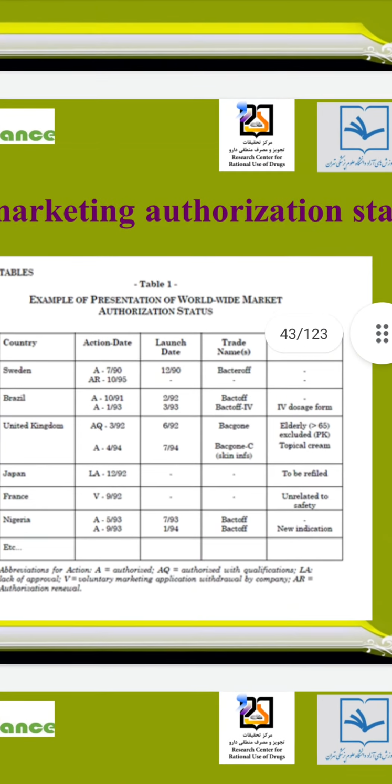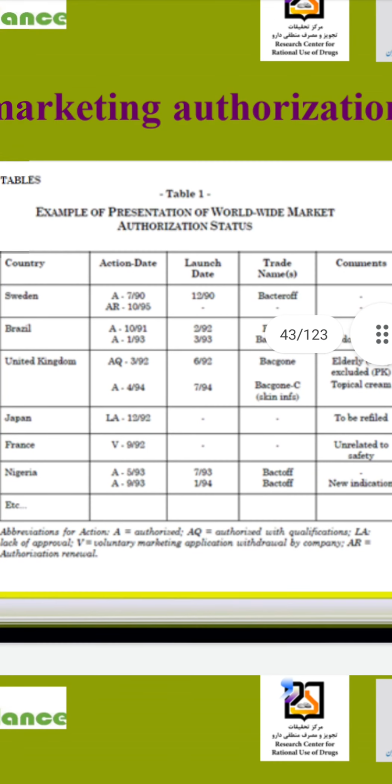For example, the country is Sweden, action date A and AR is written 7.90, 90, 10, 95. March of 90 and A on 10 months 10 of the years 95. Launch date is a month 12 of years 90.